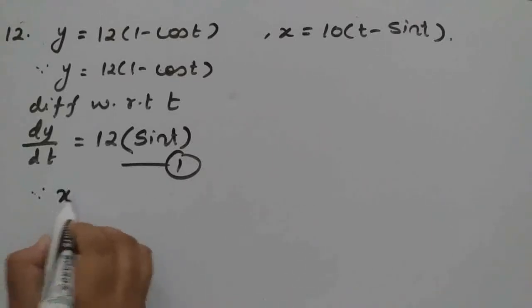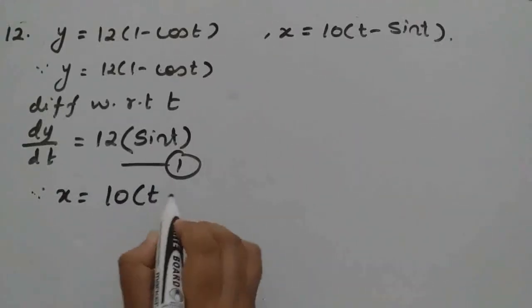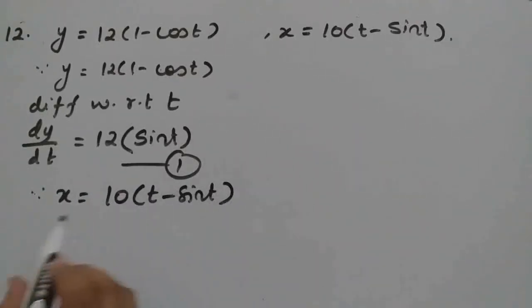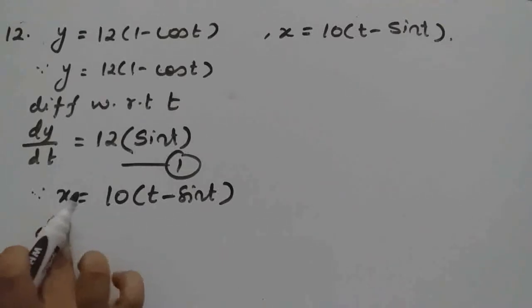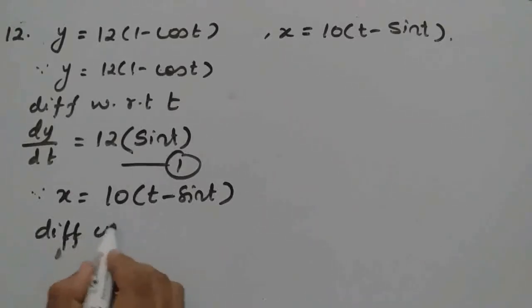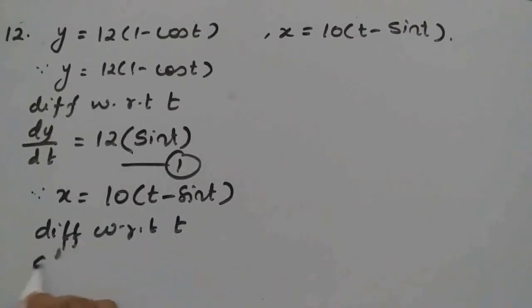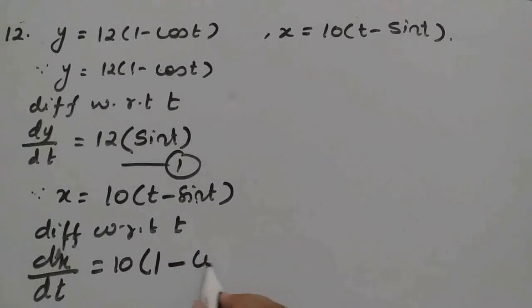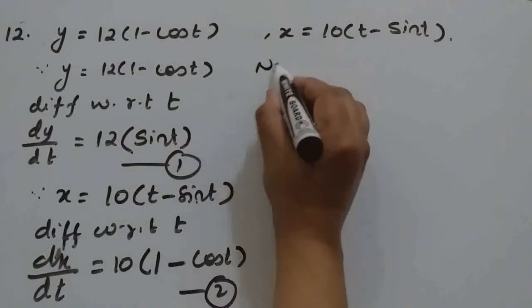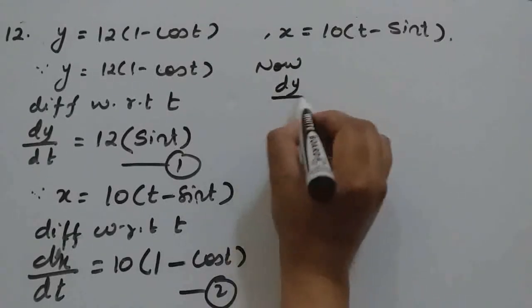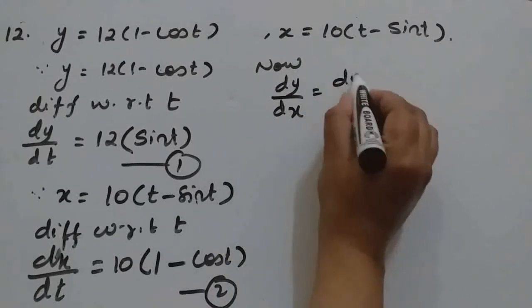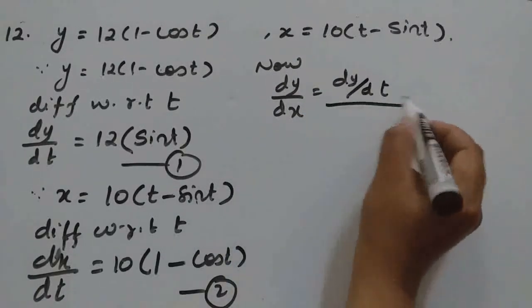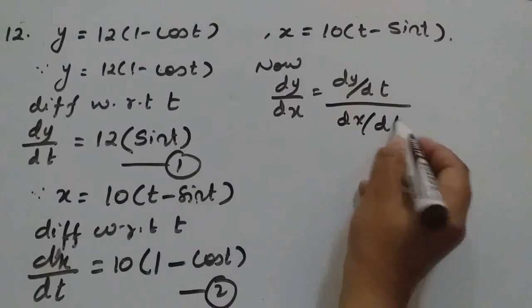Then since x is 10 times t minus sin t, differentiate with respect to t, so dx by dt will be 10, derivative of t is 1, derivative of sin t is cos t, equation 2. Now since dy by dx we know dy by dt divided by dx by dt.